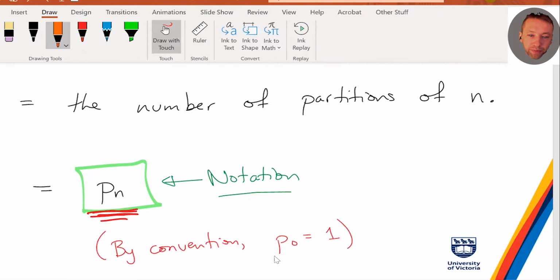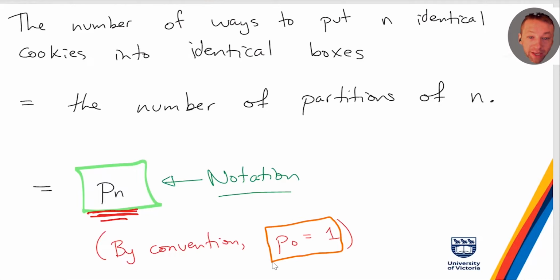So don't worry too much about P0, but just remember that P0 is 1. So the number of partitions of 0 is 1. If anyone ever asks you, it's 1. Even though maybe you could think there's 0 partitions of 0, let's just think of it being 1. So Pn counts the partitions of n.